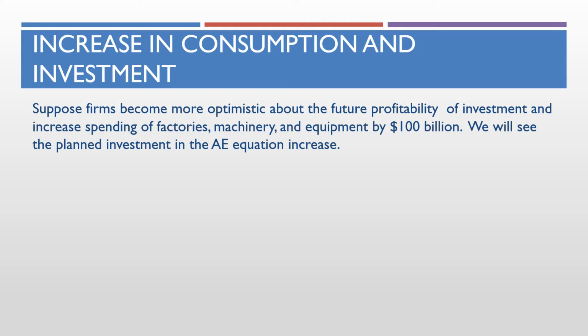And you can think about this: suppose a firm, all of a sudden, for whatever reason, feels very optimistic about their future production and that they can make more profits. Since they are facing the same interest rate every period, if they have this increase in perceived profitability in the future, they might want to borrow even more money at the same cost to invest in new machinery or equipment or maybe training.